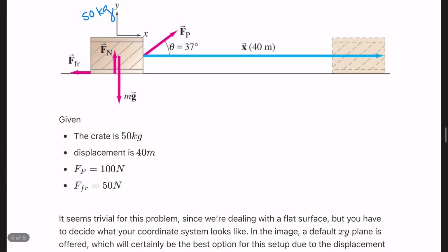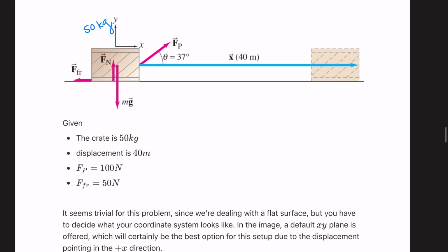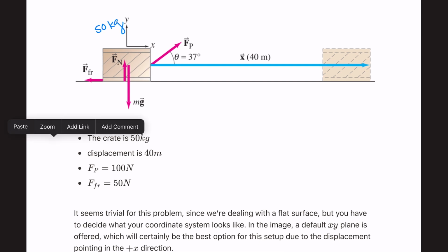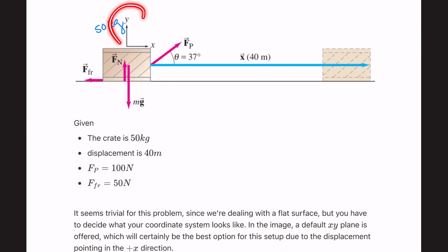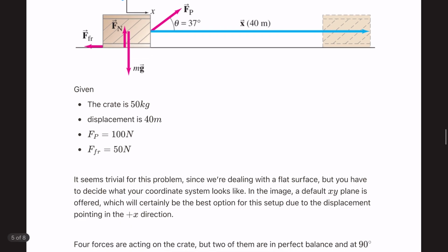It seems trivial for this problem since we're dealing with a flat surface, but you have to decide what your coordinate system looks like. In the image, I've already given you a regular XY coordinate system. It's the normal default XY plane, which will definitely be the best option for this setup, simply because the displacement is pointing in the positive X direction.